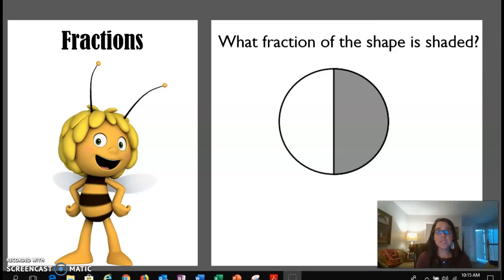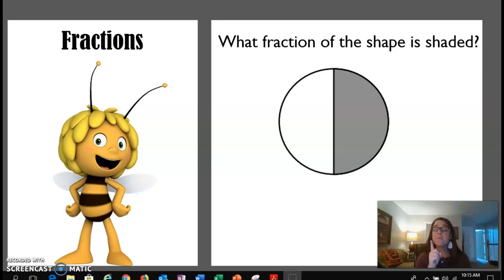The question here says, what fraction of the shape is shaded? Same question, different shape, and the shape is also split into a different amount. When I look at this, the circle is split into two pieces. One part is shaded out of two pieces all together.